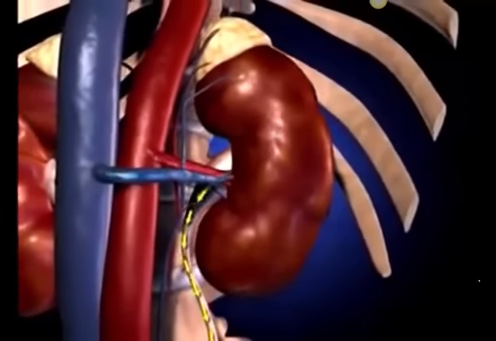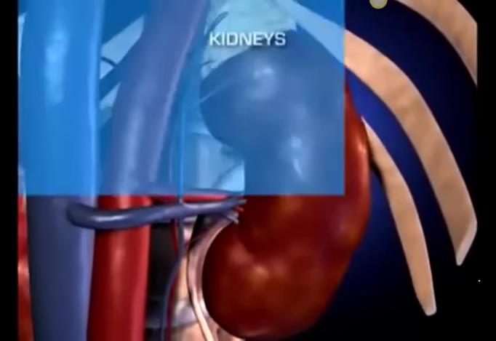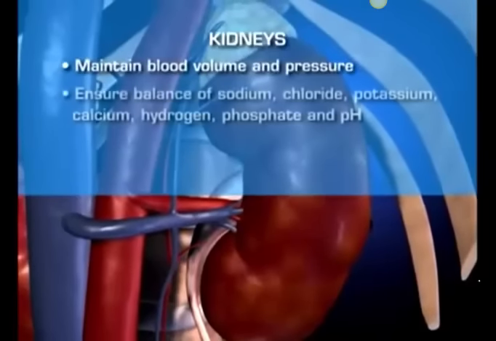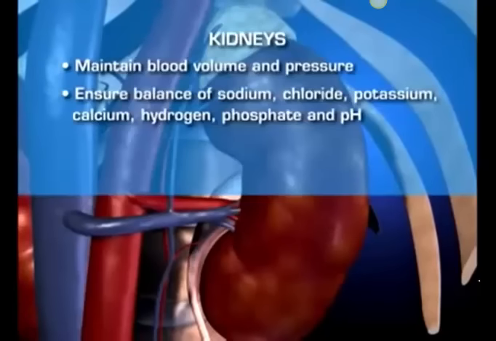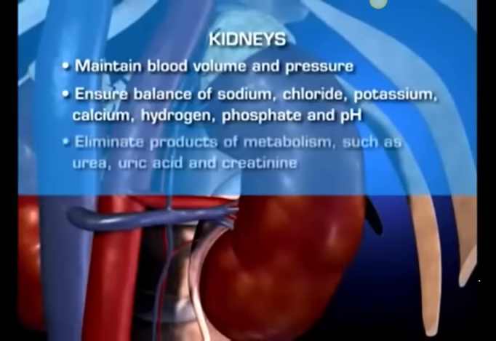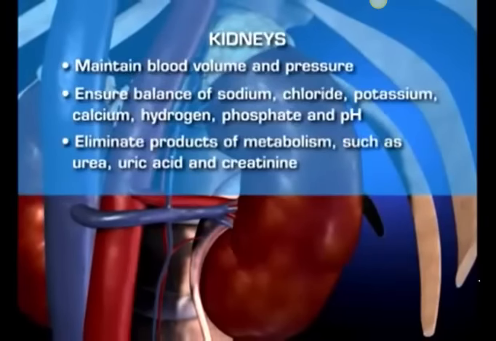Substances that are needed to maintain the normal composition of the blood are retained. By adjusting blood composition, the kidneys are able to maintain blood volume and pressure, ensure the proper balance of sodium, chloride, potassium, calcium, hydrogen, phosphate, and pH, and eliminate products of metabolism such as urea, uric acid, and creatinine.